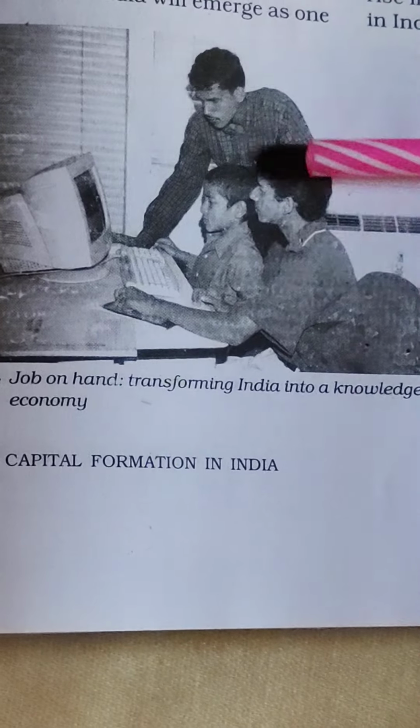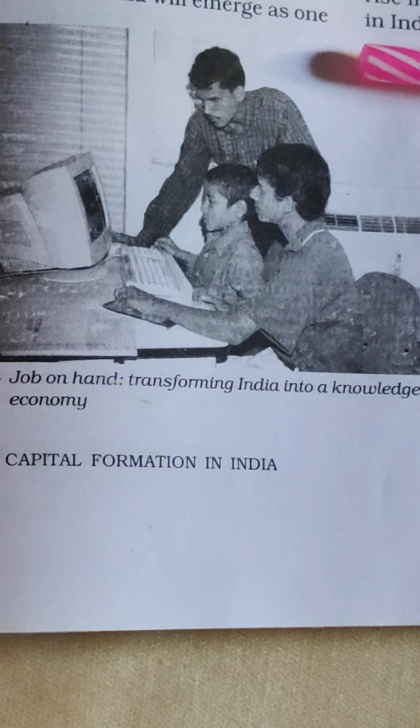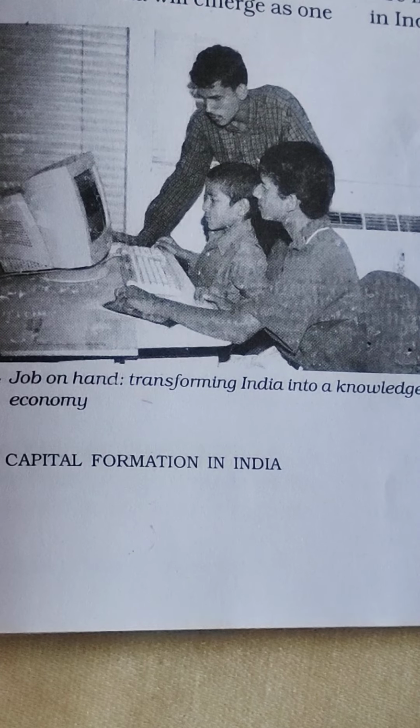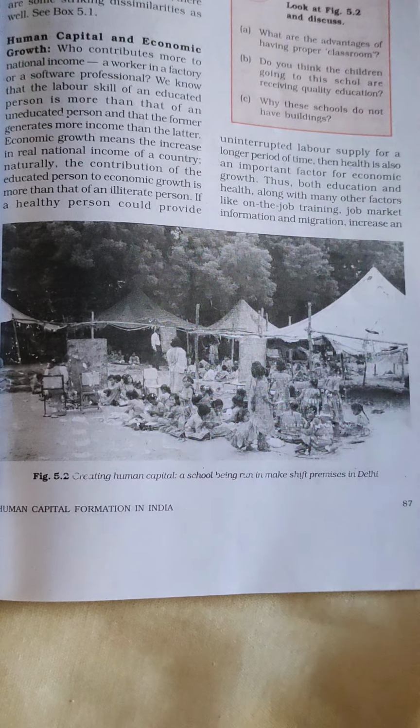Another photo of the teacher and the taught. You can see these kids. It's written job on hand, transforming India into a knowledge economy, learning the computer. In the photo, we can see a school being run in makeshift premises in Delhi. You can see the tents over there and children all sitting out in the open.